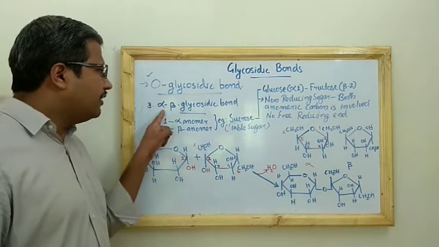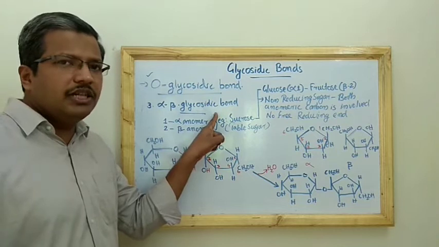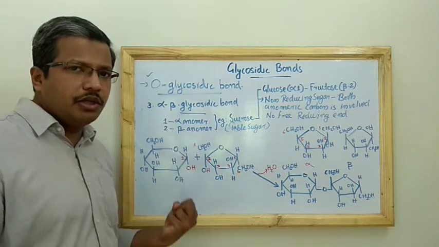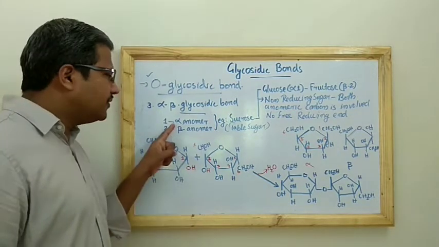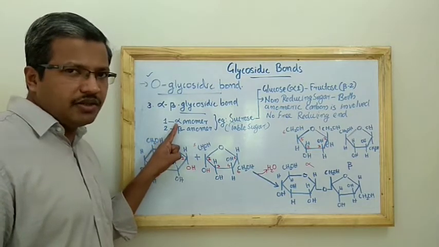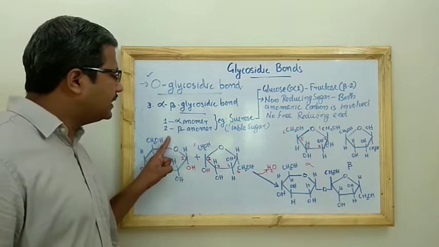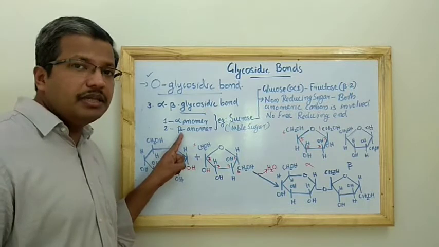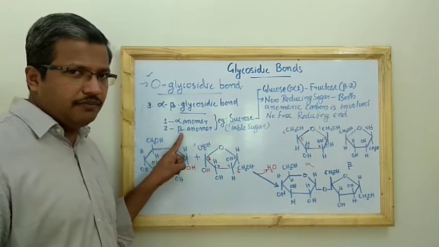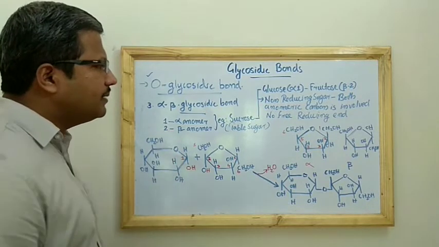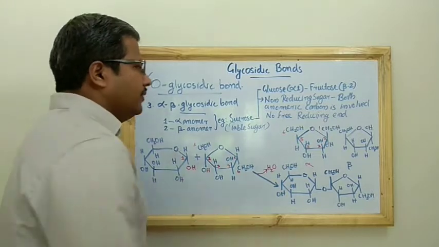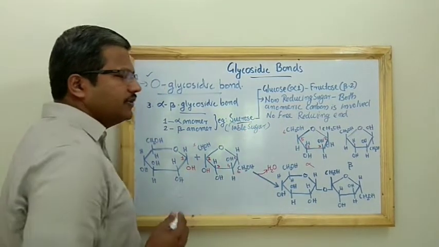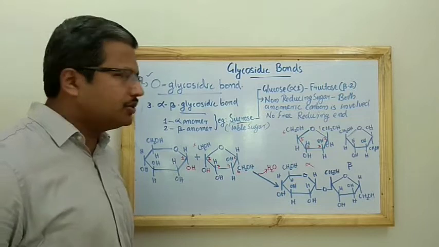So the alpha beta glycosidic bond is the covalent bond between two carbohydrate units, where the first carbohydrate is in alpha anomeric configuration and the second one is in beta anomeric configuration. Okay, so the best example is sucrose. We are familiar with sucrose, that is actually the common sugar, the table sugar.